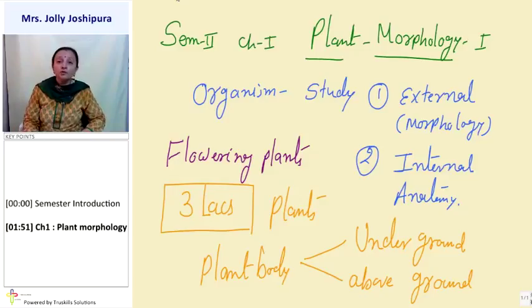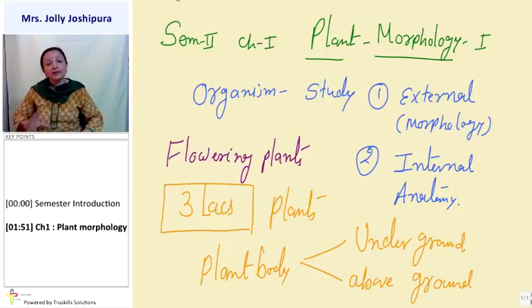Now in your book, they have given a typical plant body. So if we have to label all the plant organs, it will be a good activity for you to have a plant body in front of you, any plant, and then you will have to label all the parts.